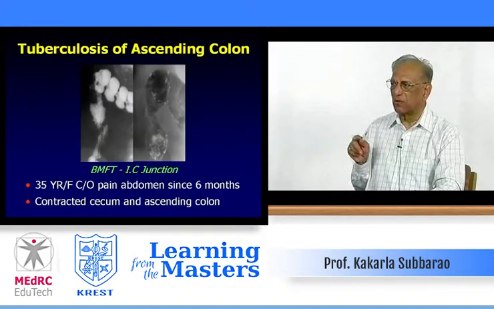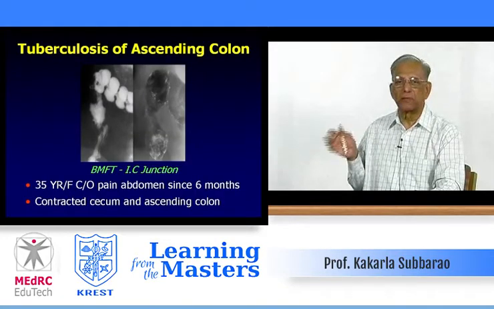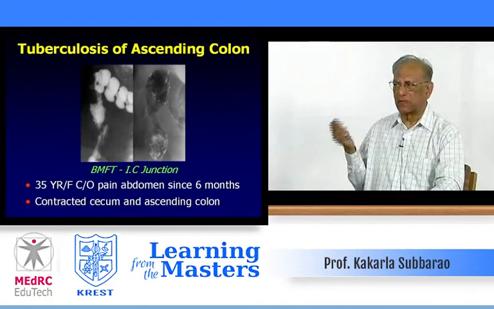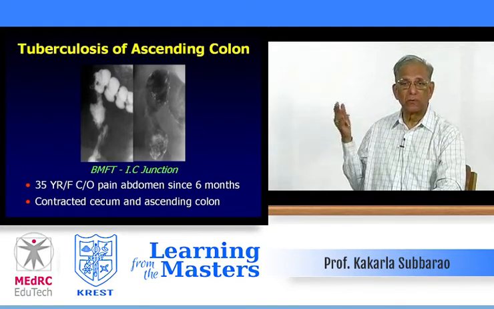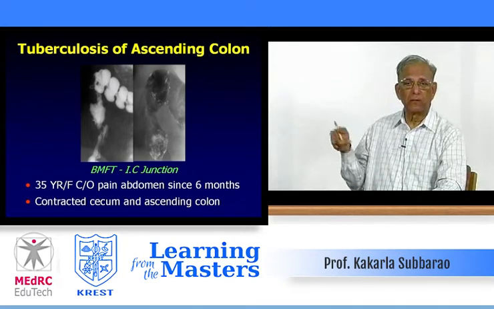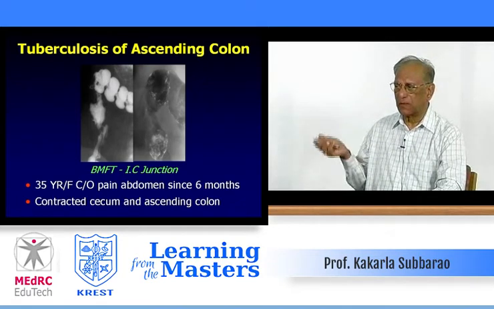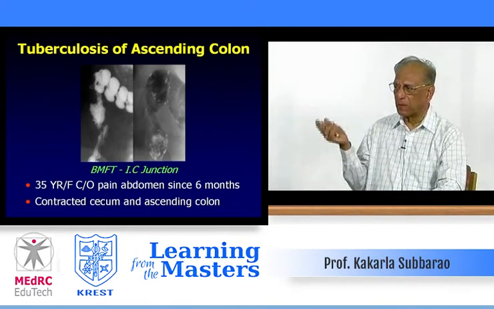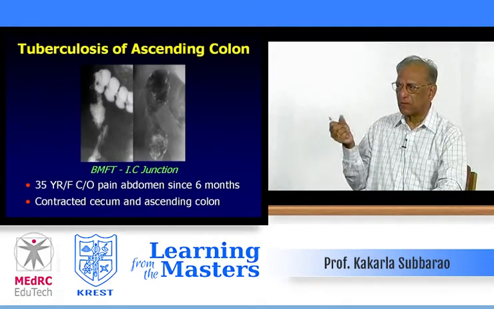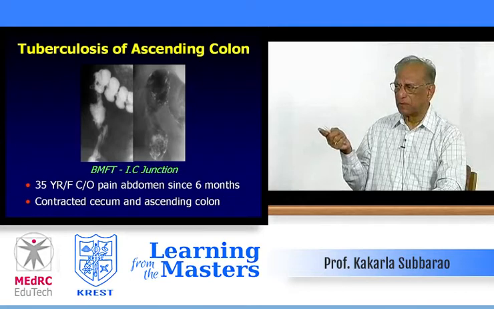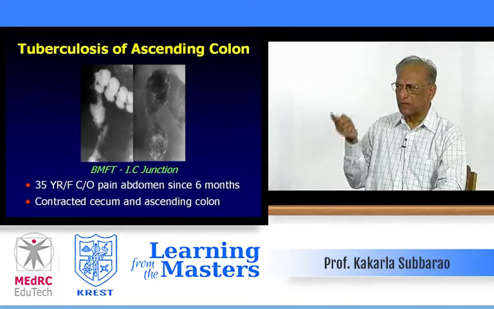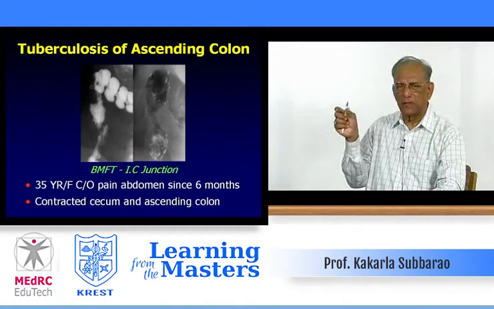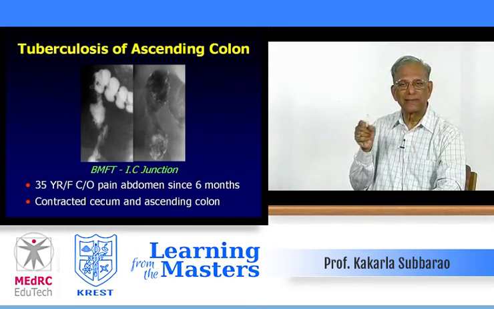This is a 35-year-old female who complains of pain abdomen for 6 months. Several examinations were done, including colonoscopy. They couldn't pass the colonoscope beyond the ascending colon, and they didn't take a biopsy. On a partly evacuated, double contrast barium enema, the IC junction is high, the cecum is contracted, and above the cecum, the ascending colon is annularly constricted.